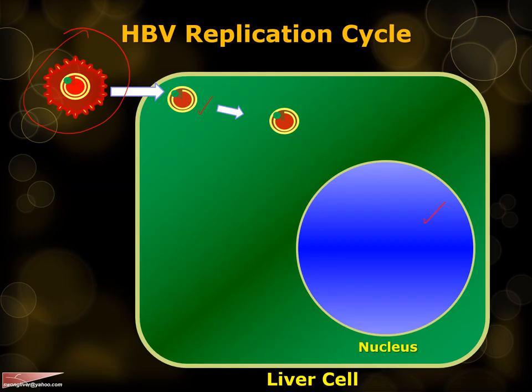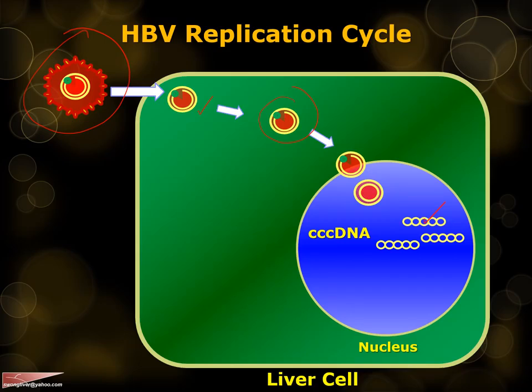So the S antigen is removed, and what we now have is the naked DNA of the virus. The problem with hepatitis B is that it also goes into your nucleus, and it forms what we call the cccDNA, or the closed covalently circular DNA.